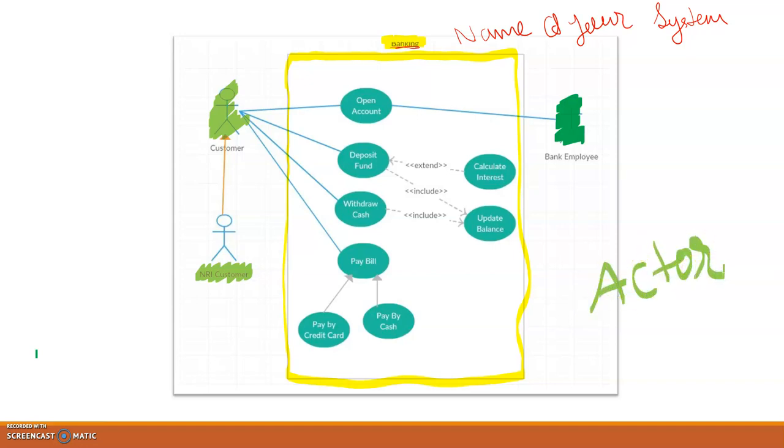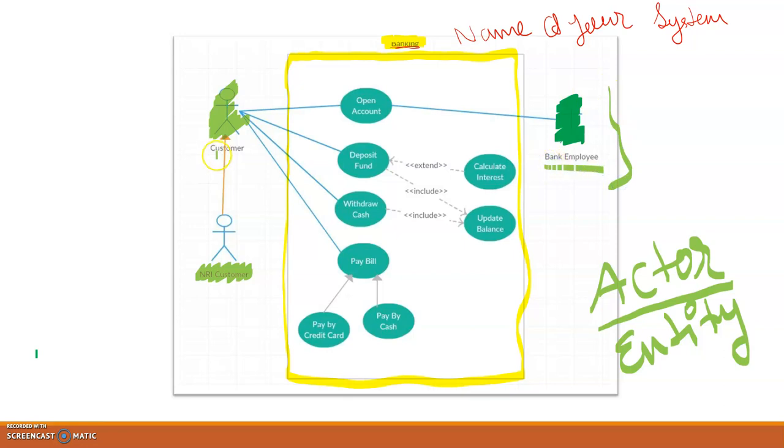The person who is going to use your system, in UML we call them actors. If you remember, in DFD we called them entities, right? So here we have a bank employee, a customer, and an NRI customer. So all are actors.